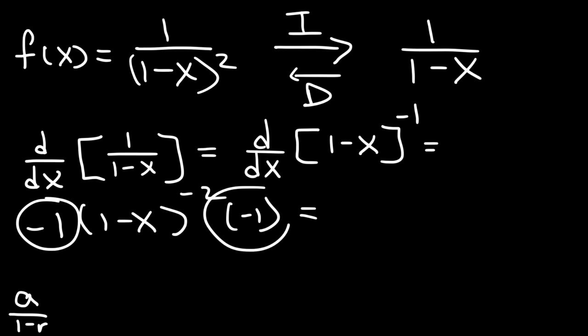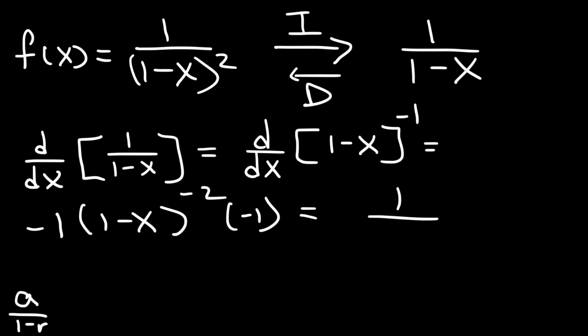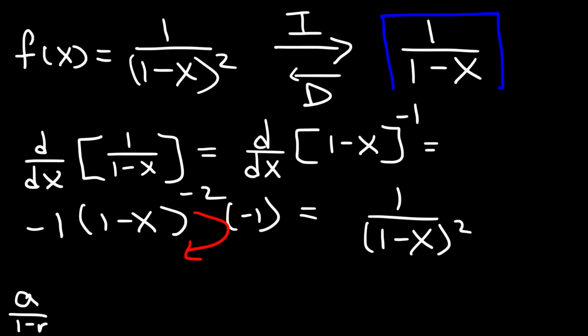Negative 1 times negative 1, that's going to be positive 1. And then taking this term, bringing it back to the bottom, that's going to be 1 minus x squared. So the derivative of this expression gives us the function that we want to represent as a power series. Keep that in mind.